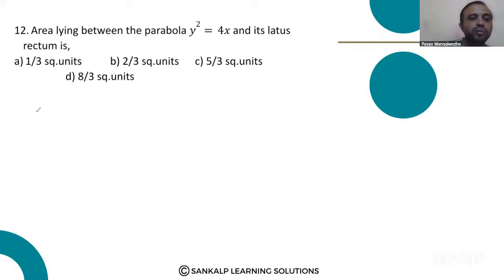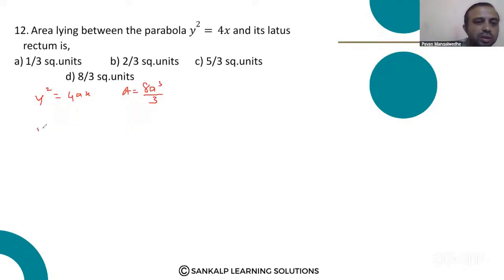So all of you know that there is a standard formula for the area bounded by the parabola in the form y square is equal to 4ax and its latus rectum, given by A is equal to 8a cube by 3. So identify the a from the parabola, that is our main work.